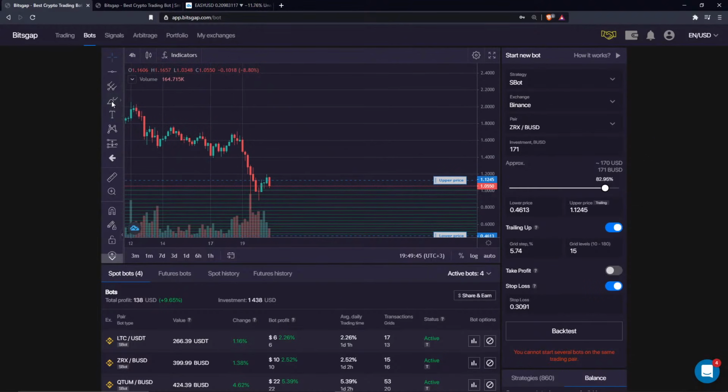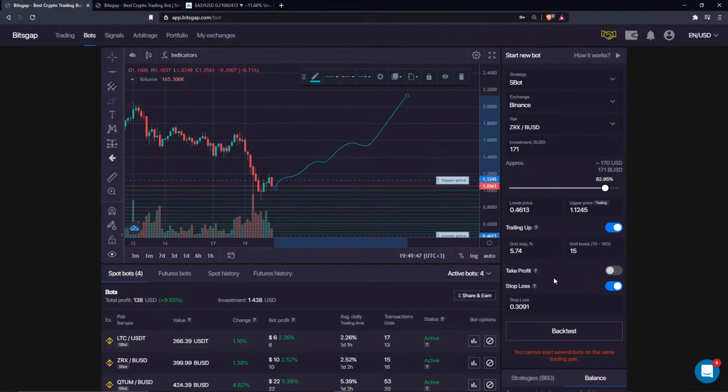And if the price goes higher, I can switch the trading up to make sure that my trading range will follow the rally. And if I am away from the laptop, I'm doing some other things in my life. Maybe I'm playing in the backyard with kids, or I'm traveling.